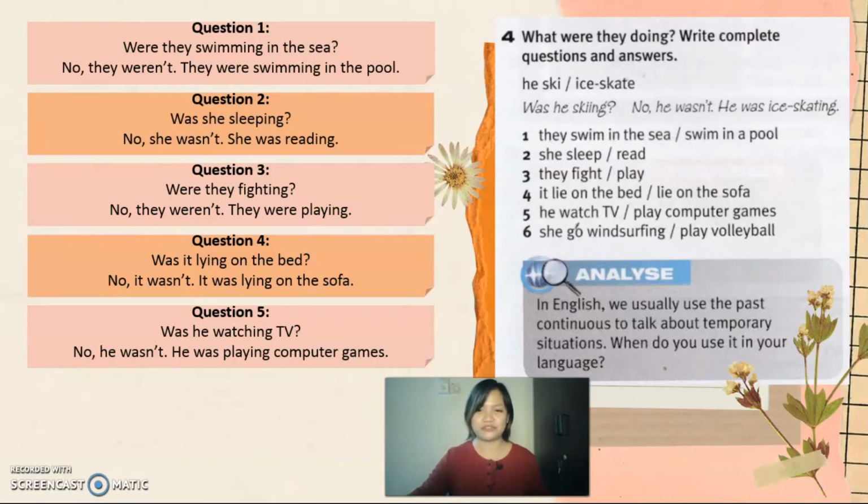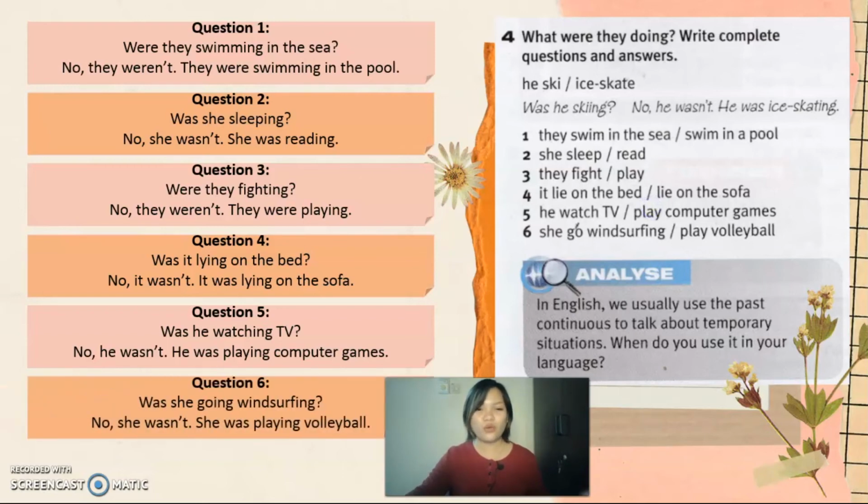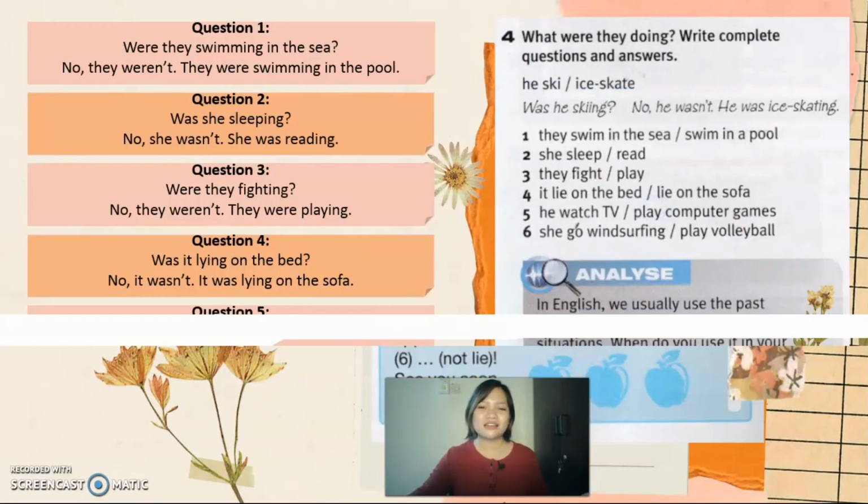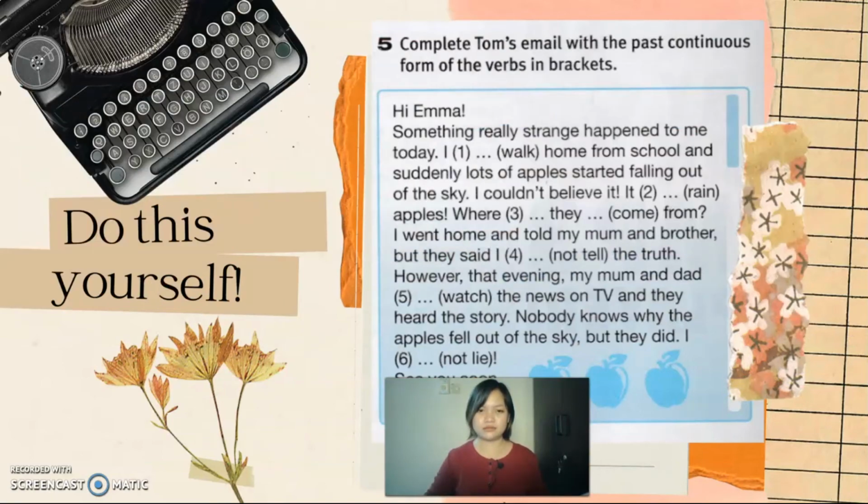She go windsurfing/play volleyball. Was she going windsurfing? No, she wasn't. She was playing volleyball. Okay, do you get it? I hope you get it. Alright? So for this question, I want you to do it yourself. Okay, I hope that you will do it well.